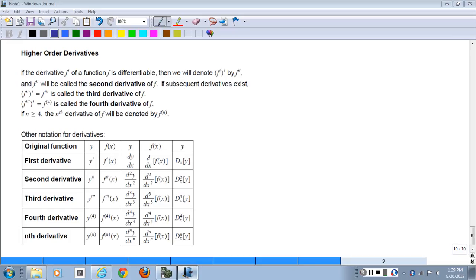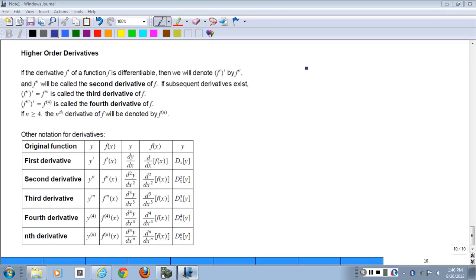What then? Well, in some cases, it's interesting, and it can tell us some things about the original function, the derivative of the derivative. So we do that, and when we take the derivative of the derivative, we call it the second derivative. And we have a lot of different notation for the second derivative.